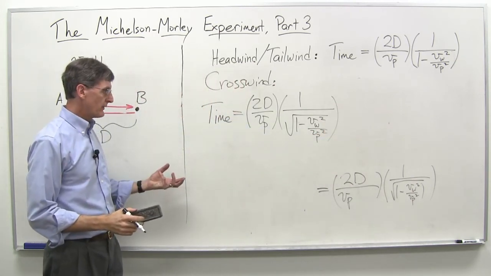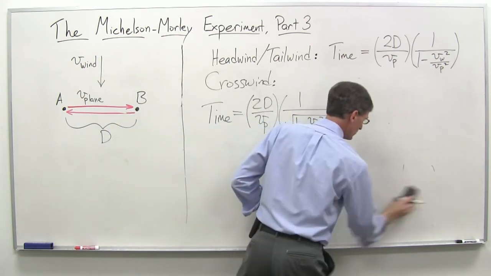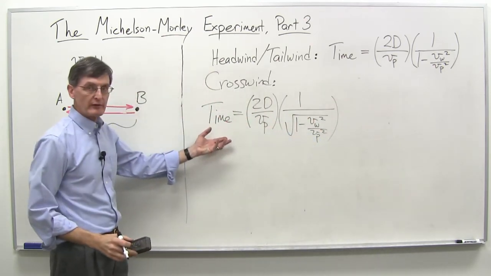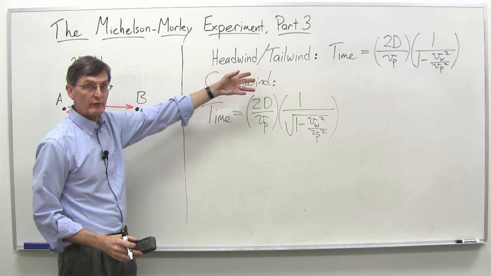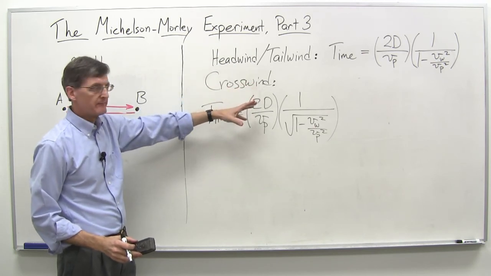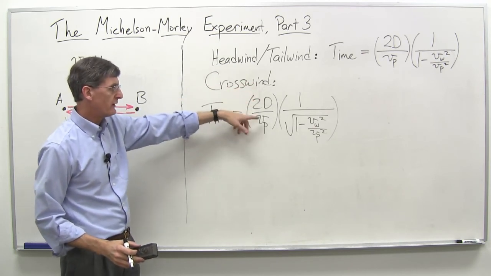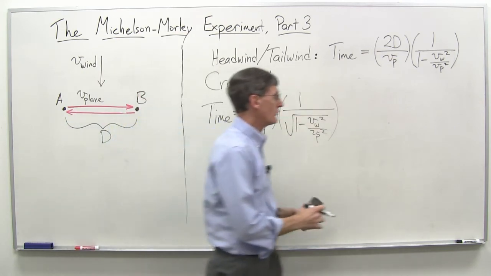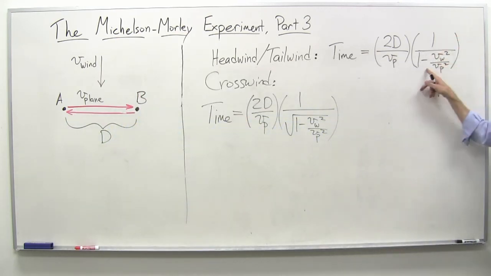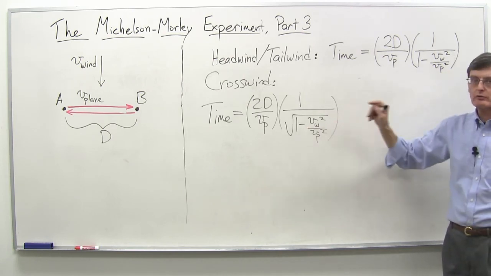And note something important here, something very interesting. This was the crosswind case. We earlier did the headwind tailwind case. They're slightly different. They both have the 2d over Vp factor in there. But note, in the headwind tailwind case, it's 1 over 1 minus Vw squared over Vp squared. Here, same thing, but with the square root.